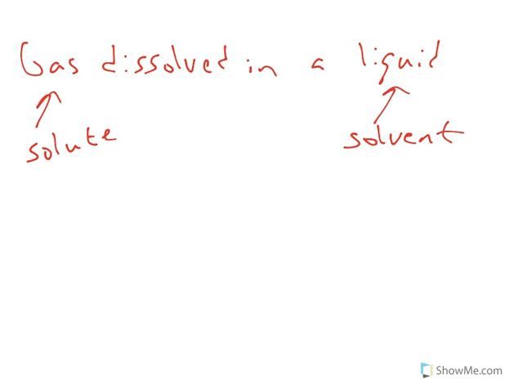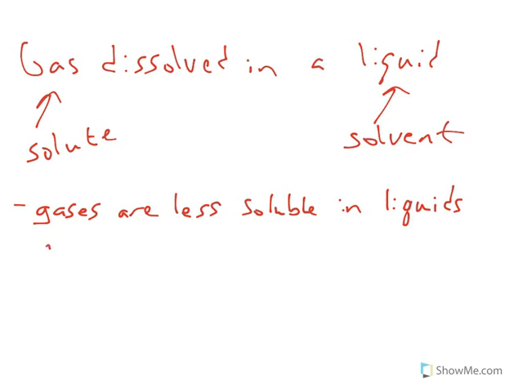Let's go ahead and state what I'm talking about here. Gases are less soluble in liquids at higher temperatures. This is quite frankly the opposite of what we see when we take a solid and try to dissolve it into a liquid, all right?